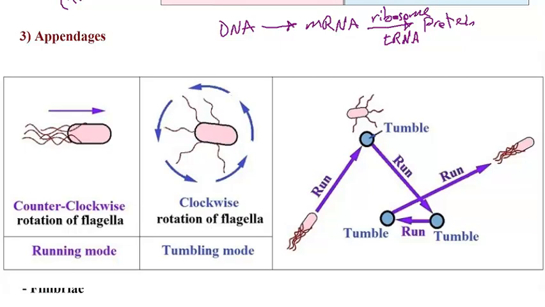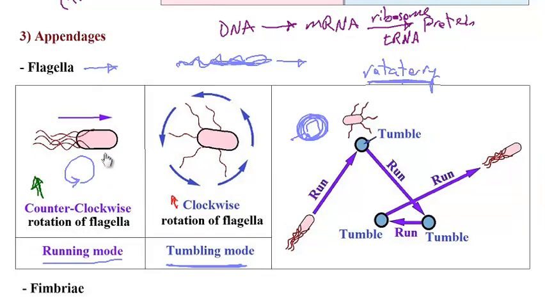On the other hand, if they get exposed to chemicals that are perceived as a repellent, like very high salt concentration, then they would increase the clockwise motility of their flagellum so that they would turn around and run away. They would turn around, and then with the help of counterclockwise rotation, they could move forward in a different direction. So here you can see that we have a bacterium that has its flagellum moving in a counterclockwise direction.